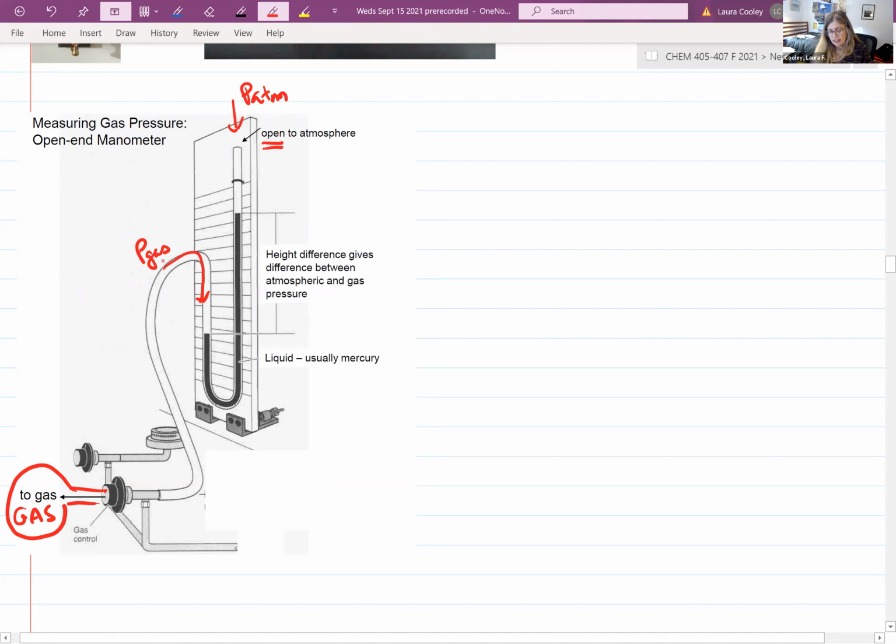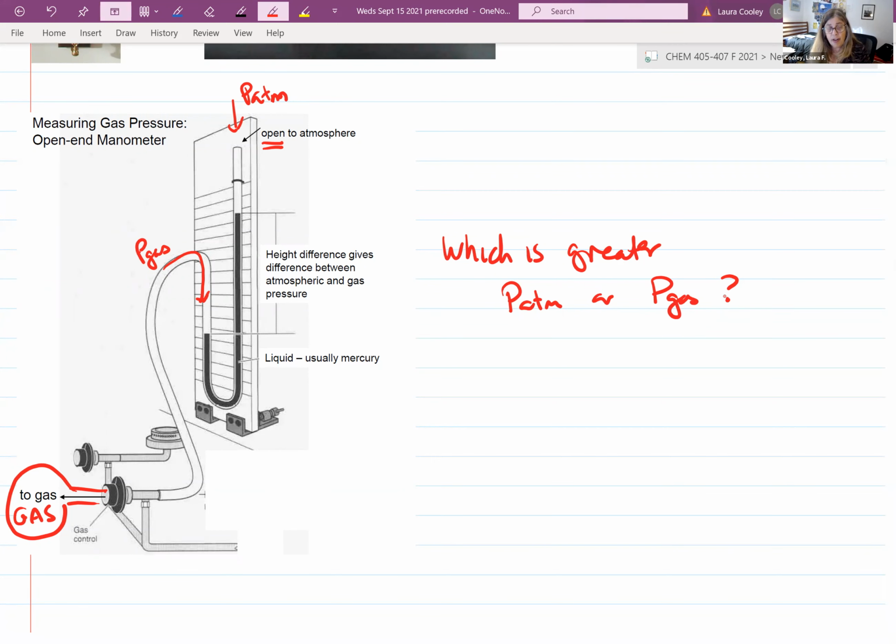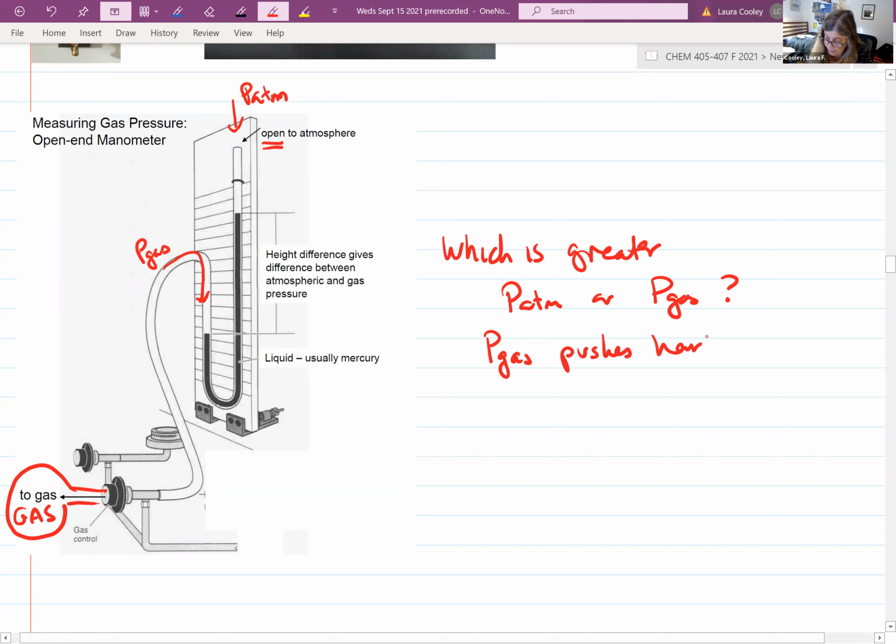So which is greater, the atmospheric pressure or the gas pressure? The greater pressure pushes down harder. You can see here that the gas is pushing harder, so the gas pressure is greater than the atmospheric pressure.